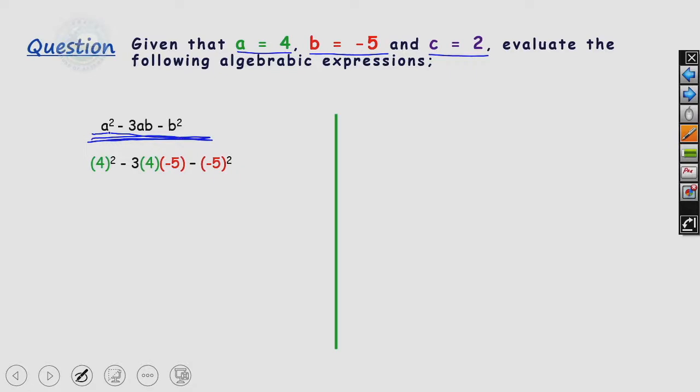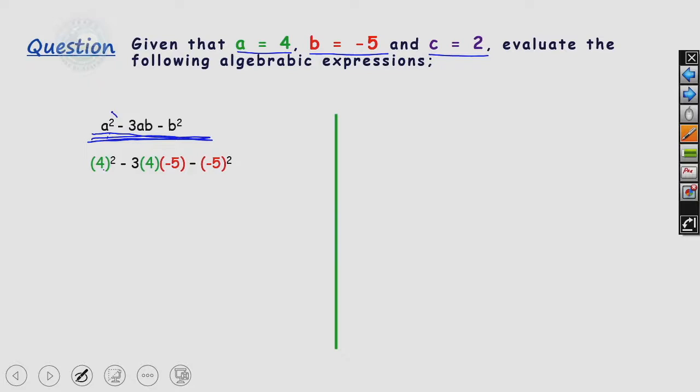A is represented by 4, so a squared becomes 4 squared. Minus 3ab. Remember, a is 4 and b is minus 5. 3ab is 3 multiplied by a multiplied by b.